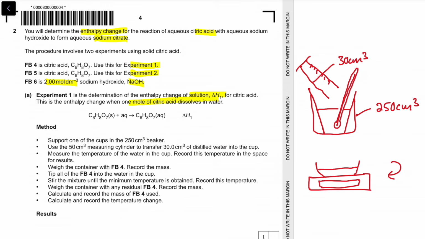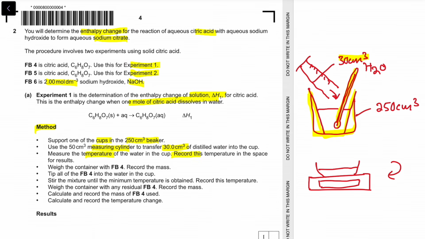So the method is as follows. You're going to support one of the cups in a 250 centimeter cubed beaker, okay? So this is our beaker, this is our cup. You're going to use a 50 centimeter cubed measuring cylinder to transfer 30 centimeters cubed of distilled water into here. Then you're going to measure the temperature of the water using a thermometer, I assume.